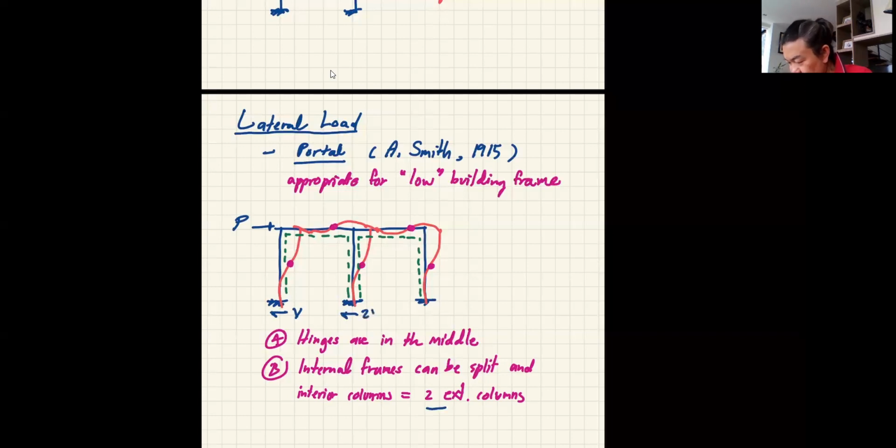So this is 2V. We assume that. Then that is another exterior, so we assume V. So from this, P is equal to 4V, and we can calculate the other unknown. So we're done. Okay, all unknowns are solved. That's the portal method. Any question?